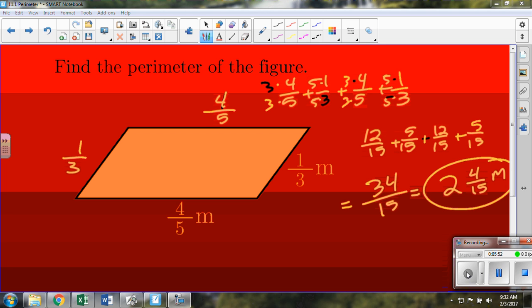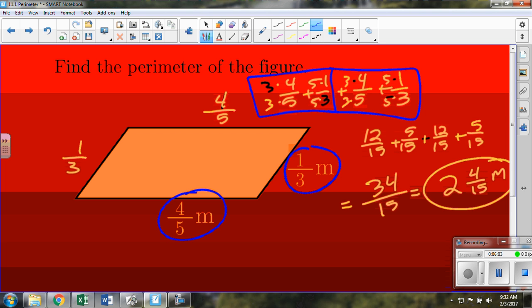I'm hoping that you notice in both of these last two examples, we had the two sides, and then basically we had to put on another set of two. It's actually fairly common.